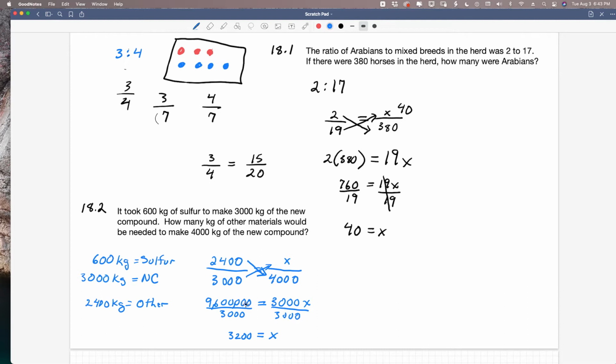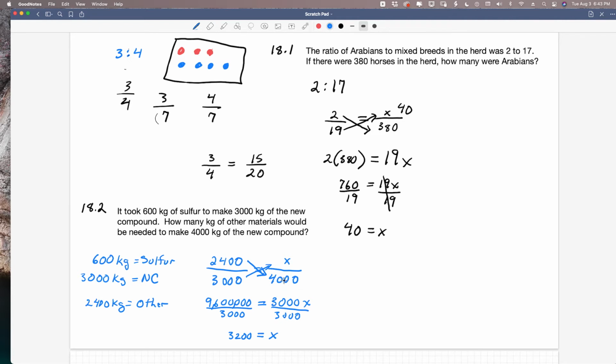All right, everybody see how that works? It's all about knowing how to set up this fraction and what number goes where in the other fraction. Okay, if you're given the total, then the x goes on the top. If you're given the part on the top, then the x goes in the denominator where the total would go.